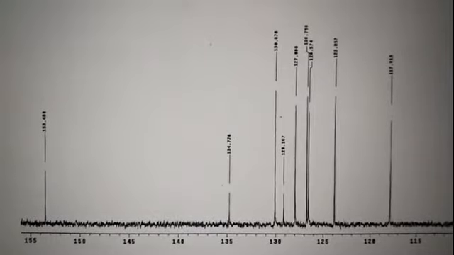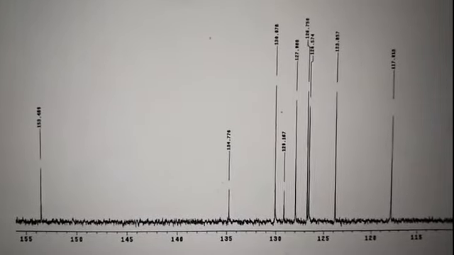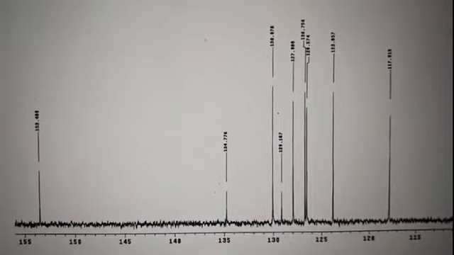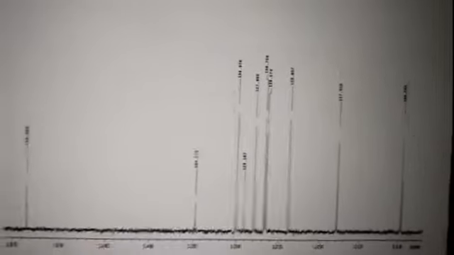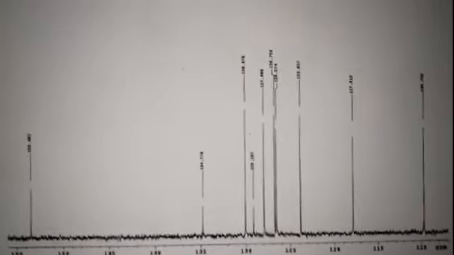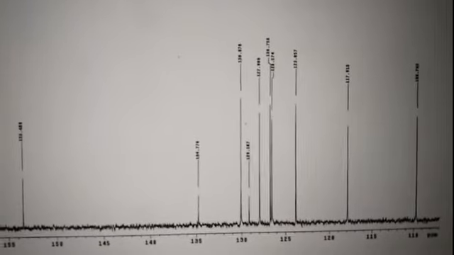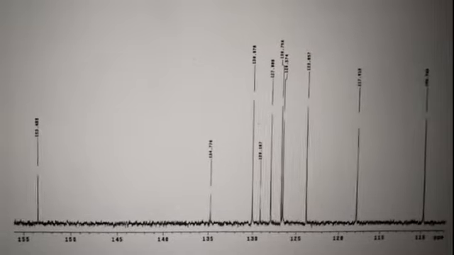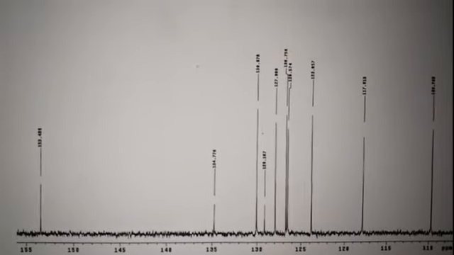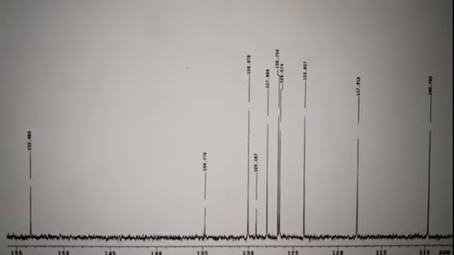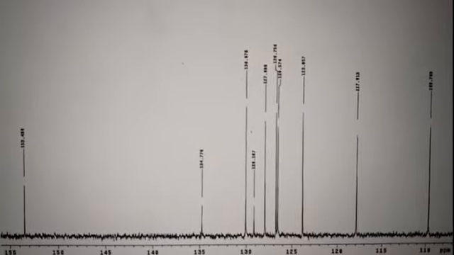Now looking at the carbon NMR, you count 3, 4, 5, 6, 7, 8, 9, 10 signals. If none of those are equivalent carbons, then you've got 10 carbons in your structure, and all of these signals fall in the table as aromatic carbons.